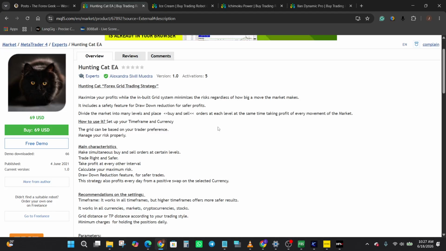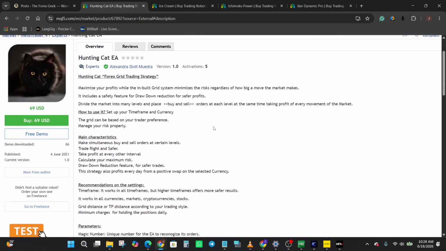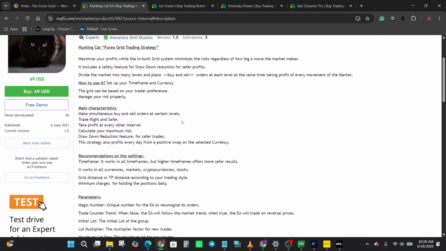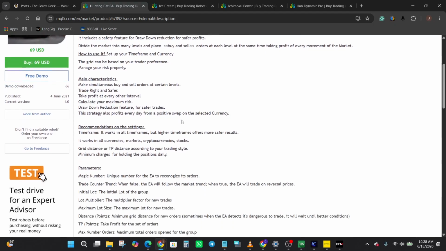Now, one important note shown here is that the EA is designed to work across all time frames, although the developer states that higher time frames generally provide safer results.